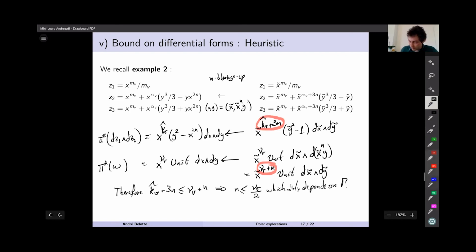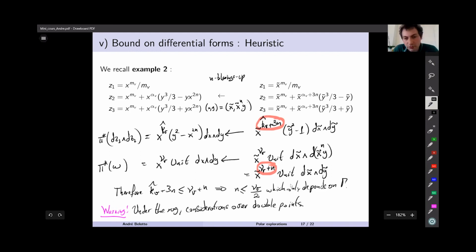Now there's a little warning here. I need to do this as a warning. And the warning is that I'm putting things under the rug: considerations over double points.